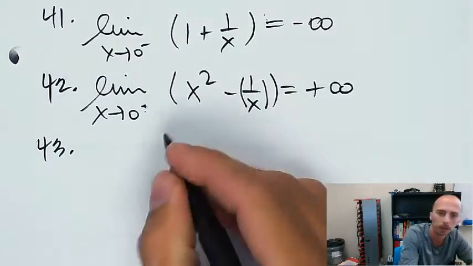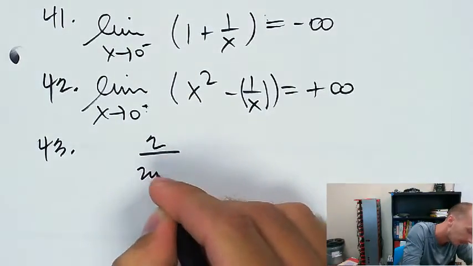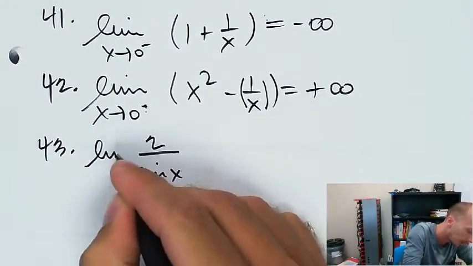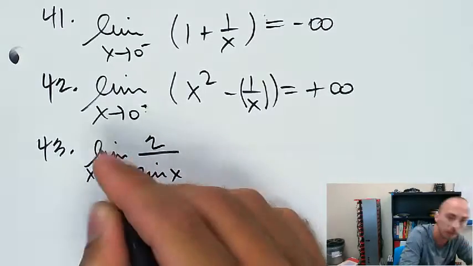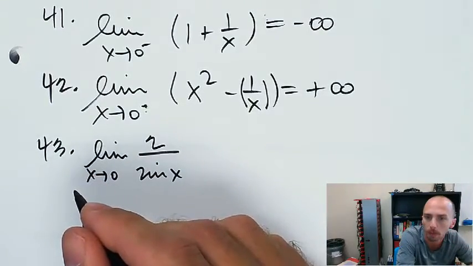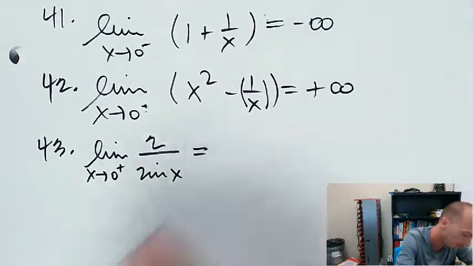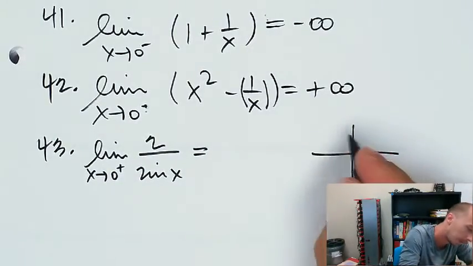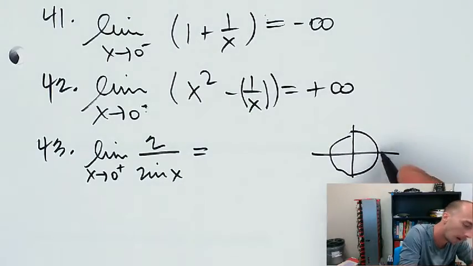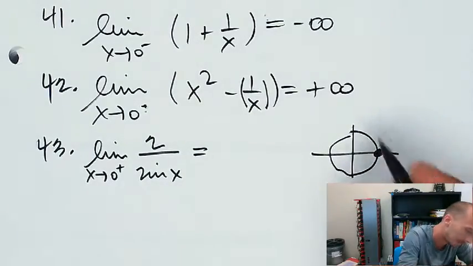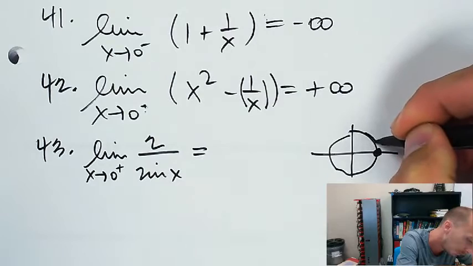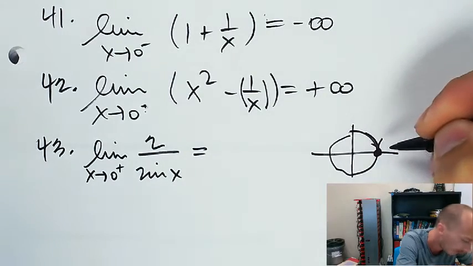43. Okay, 2 over sine x as x approaches 0 from the positive side. Think about what happens to the y coordinate as the angle approaches 0 from the positive side.